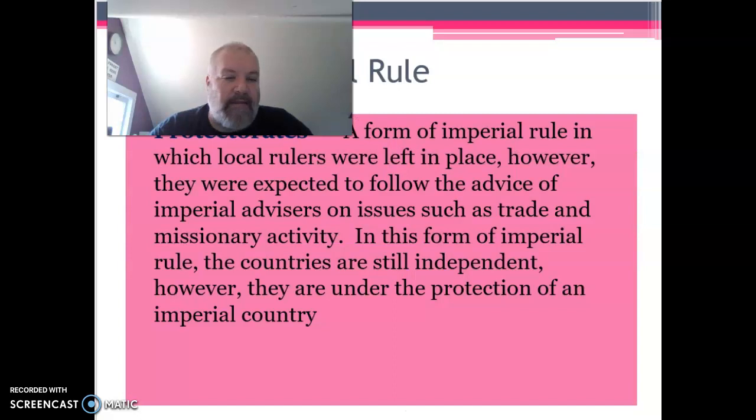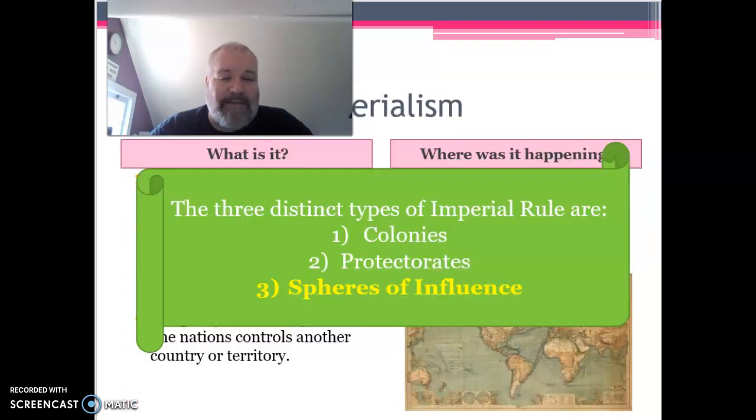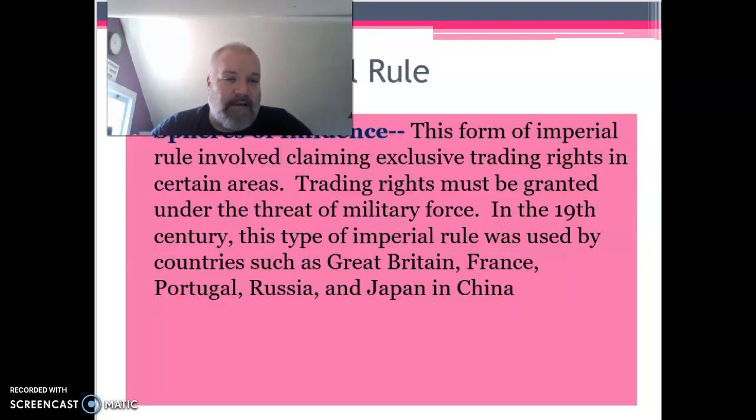Okay. And then spheres of influence, this is very unique to China. A sphere of influence is a form of imperial rule involving claiming exclusive trading rights. What that means is you can only trade with us. That's exclusive trading rights. So, believe it or not, Britain had this in America.